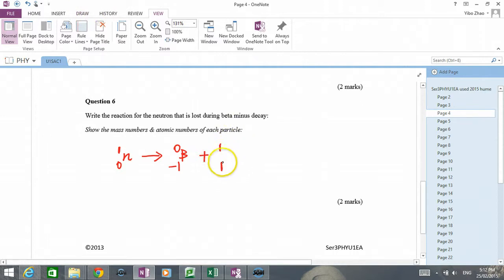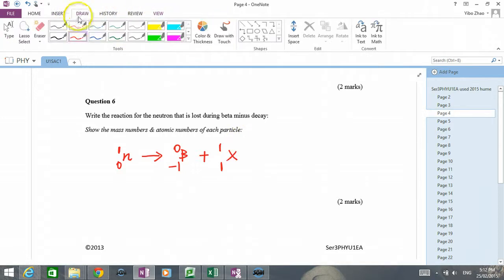Now in your exam, if you put down x, if you have the atomic number and the mass number and you didn't know what it is, I give you full marks. But actually, let's think about this.